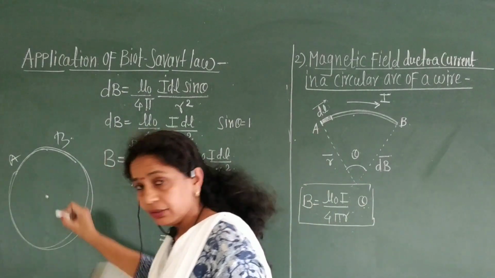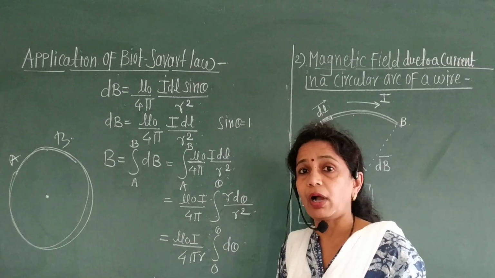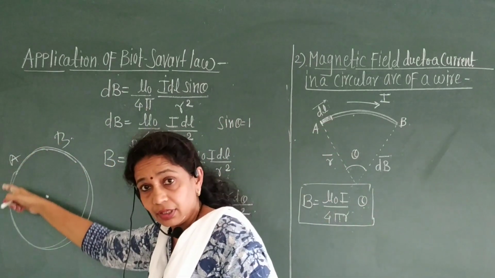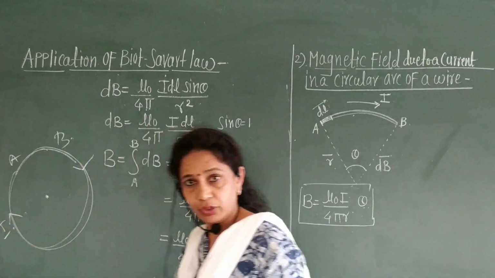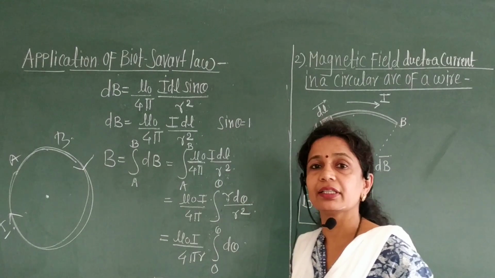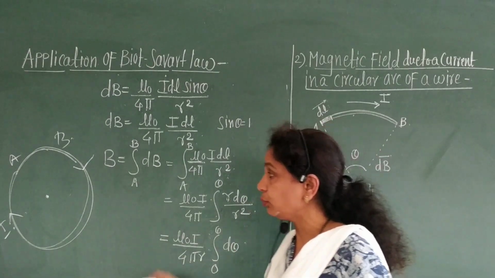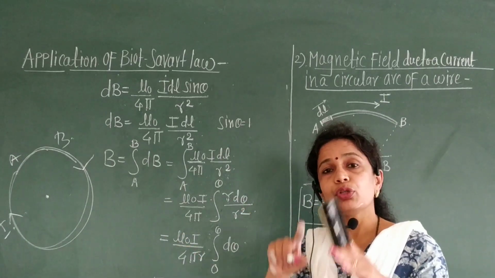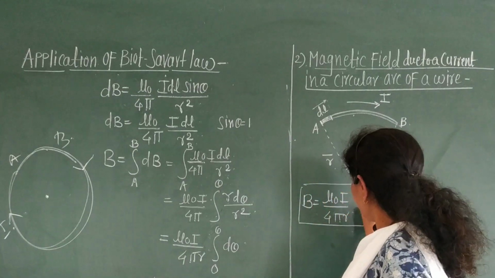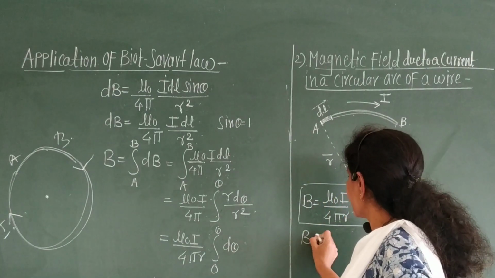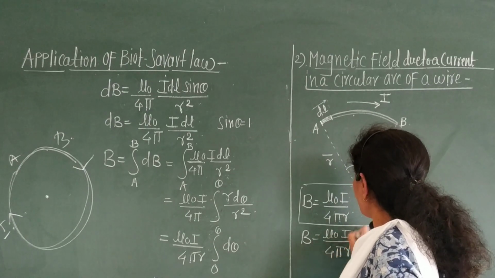And if you have to find out the magnetic field at the center of the whole wire due to the current carrying wire, this wire carries the current I. Current must flow through the wire, only then will magnetic field be produced. And if you have to find out the magnetic field due to the whole wire carrying current I, then the value becomes B is equal to mu 0 I upon 4 pi r into theta.